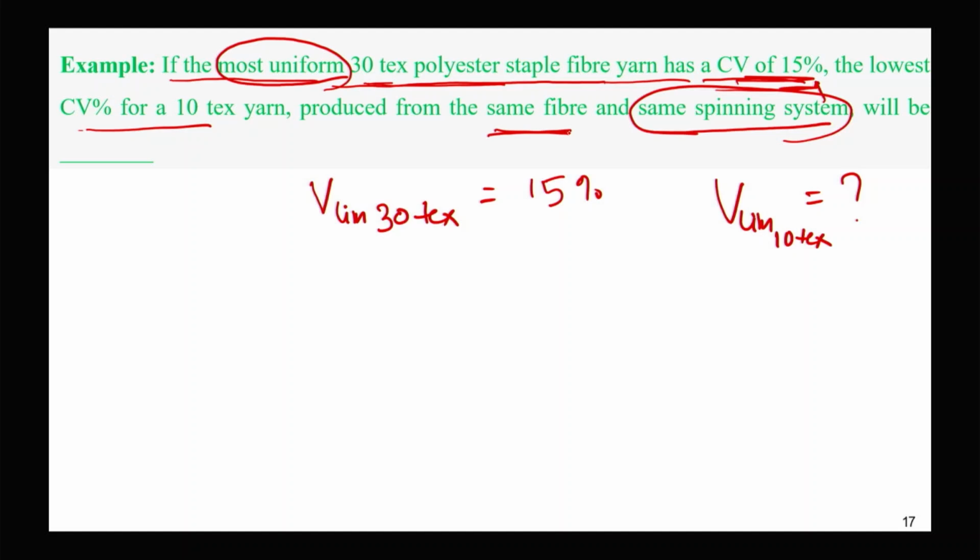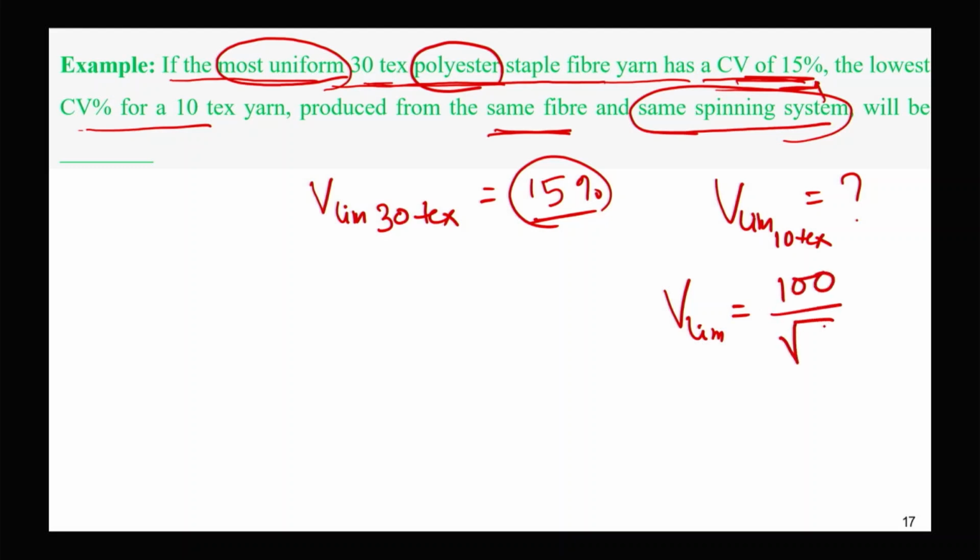And same fiber means the fiber linear density will be the same. So we know the limit CV for polyester, and the limit CV formula will be 100 by under root n, where n is the number of fibers.